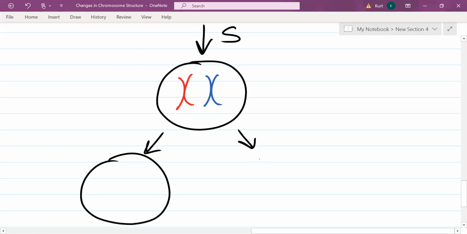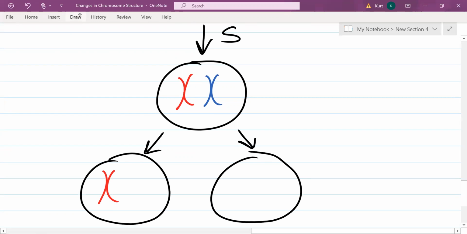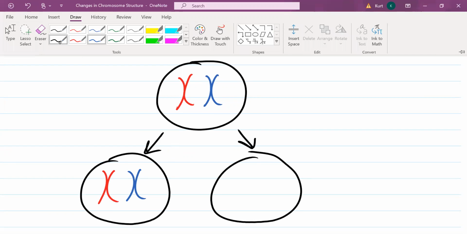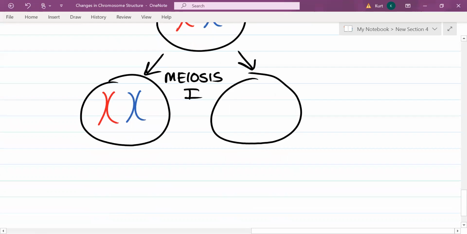I should say the mistake. Did that divide evenly? Definitely not. Oops. This is non-disjunction. It is an incorrect division of chromosomes. So let's keep going.